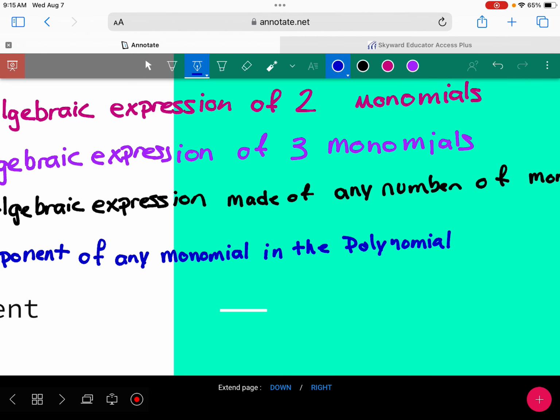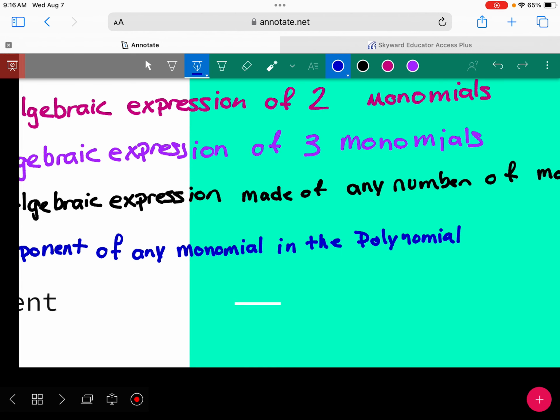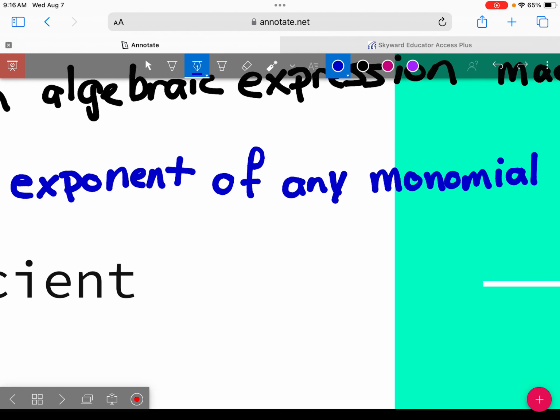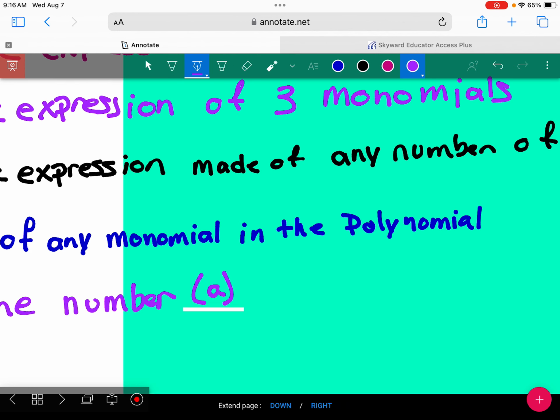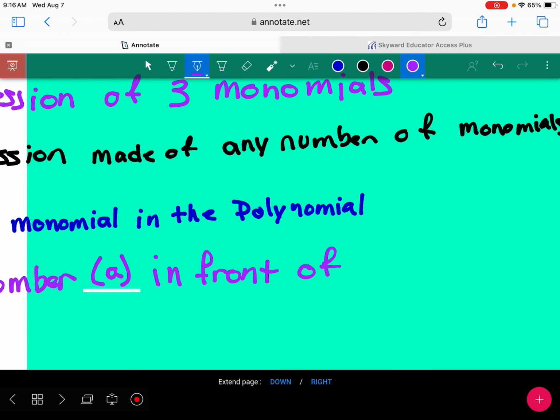Our leading coefficient, which we will use in things, our leading coefficient is the number, if we're using this expression here, it would be a, that's in front of the highest degree term.